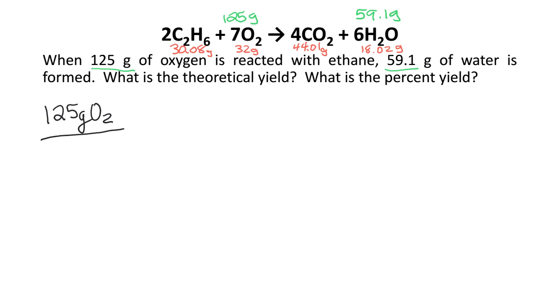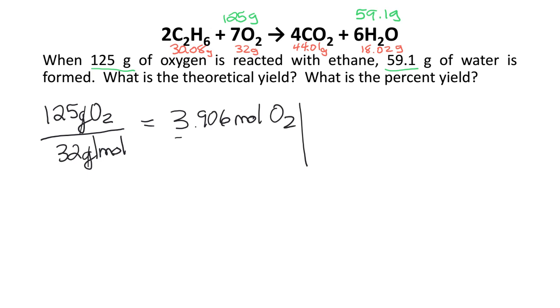So I'm going to start with 125 grams of O2. I'm going to divide it by the 32 grams per mole. And when I do that, I get 3.906 moles of O2. Of course, our grams had canceled out. Okay, so step 2, mole-to-mole conversion. So I've got 7 moles of O2 on the bottom, because if I have moles of O2 on top, I have to have moles of O2 on bottom.